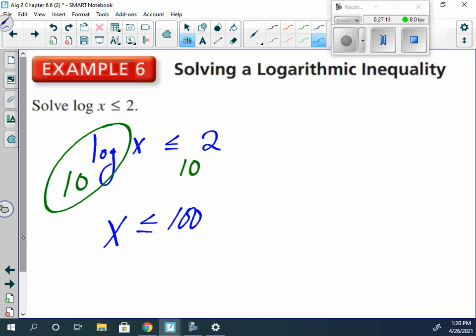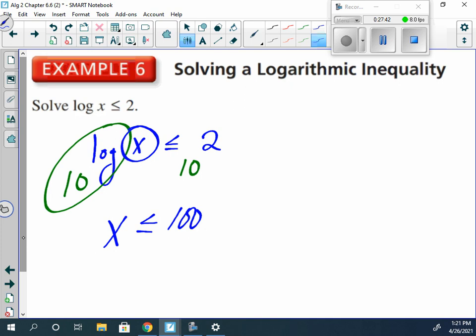Now we do have to be careful with logarithms, because with the exponentials that we just saw, what we plug inside the exponential can be positive, negative, any number. However, what's inside the logarithm cannot be negative. We cannot have a negative number inside the logarithm. So when I look at x is less than or equal to 100, does this include negatives?